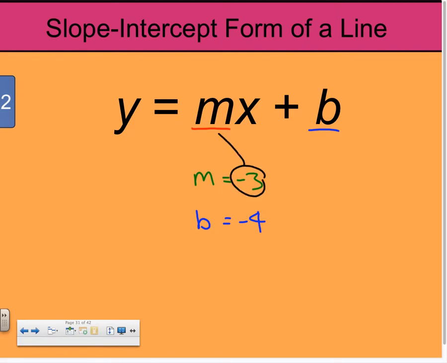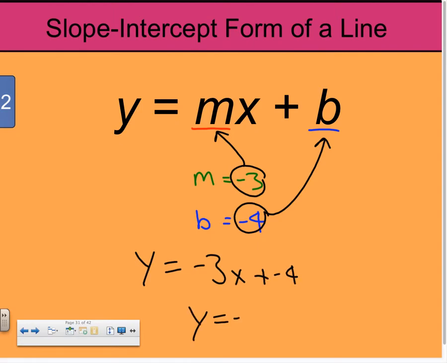I'm going to substitute it in for m. Where am I going to put the -4? I'm going to substitute it in for b. So my new equation becomes y equals -3x plus a -4, which can be rewritten as y equals -3x minus 4.